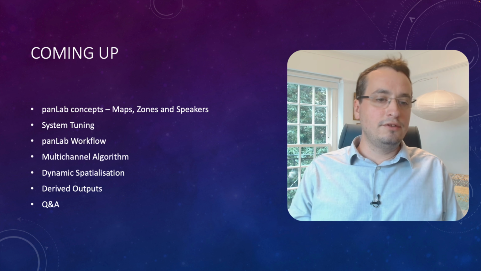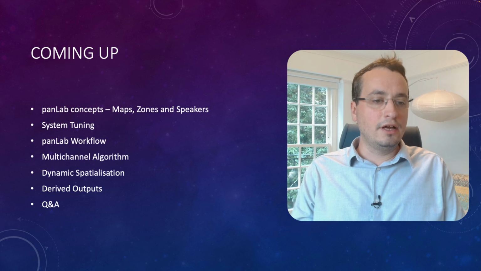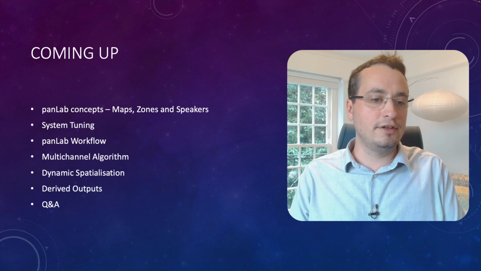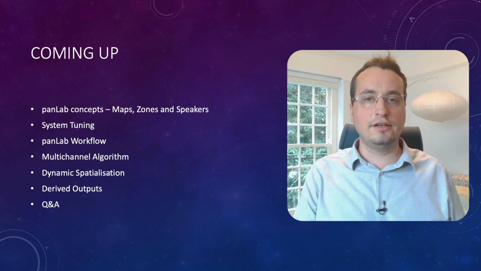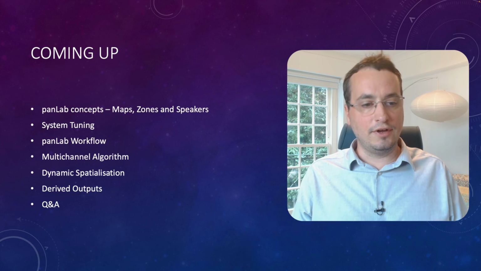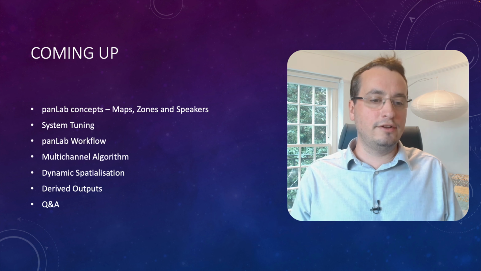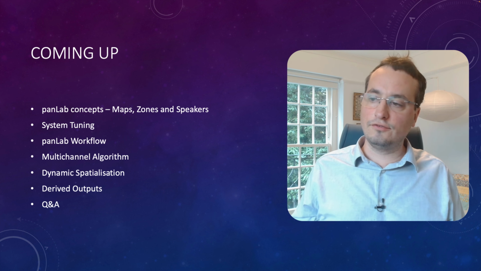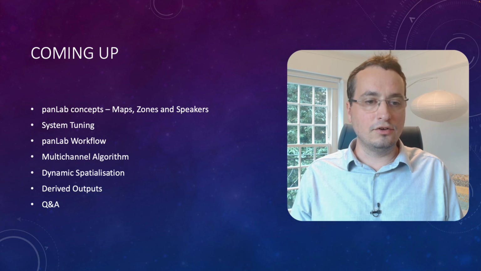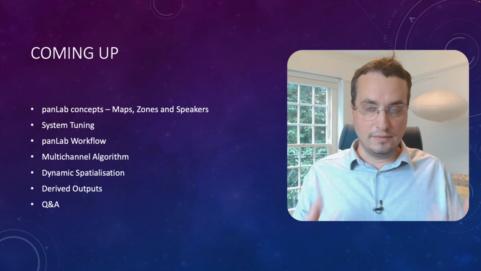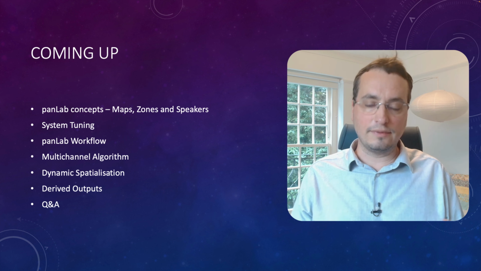After we've looked at adding panLab 3 into your sound design workflow, we're going to look at some of the more advanced features. The multi-channel algorithm, which is how we deal with multi-channel QLab Cues. Then dynamic spatialisation, which is a fancy way of saying moving sounds around within your sound design, in a feature that we call sequences.